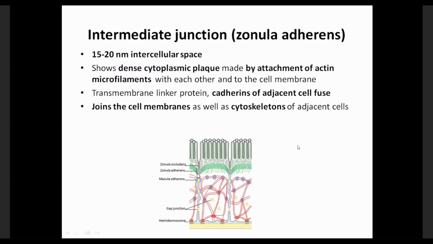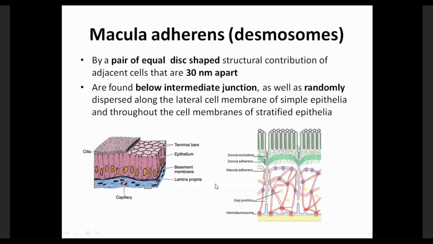So the plasma membranes are not brought as close together as in tight junction. Again, they have transmembrane proteins which are linking the cytoskeleton, which also happen to be microfilaments, of adjacent cells together. So intermediate junctions are only for cell-to-cell attachment. They are linking not only the plasma membrane, but also the cytoskeleton.